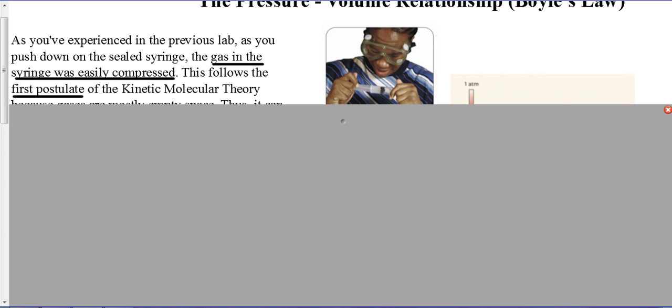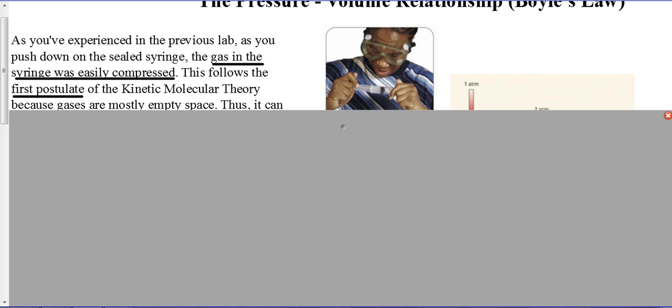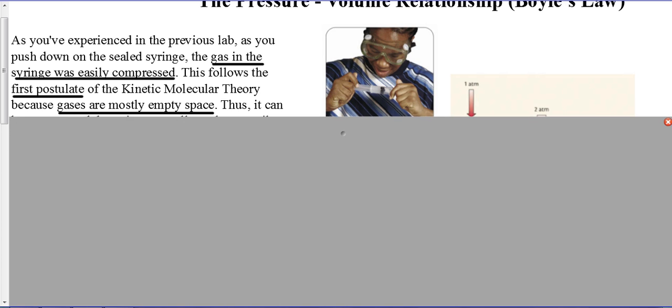And this follows the first postulate of the kinetic molecular theory, which states that gas is mostly made up of empty space. Even the gas particles are so tiny that we could negate the size of them and say that it's pretty much empty space, which is a fascinating idea in and of itself, right? That gas and the air around us is mostly just empty, a vacuum.